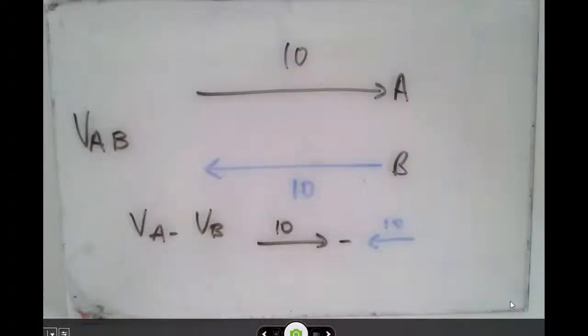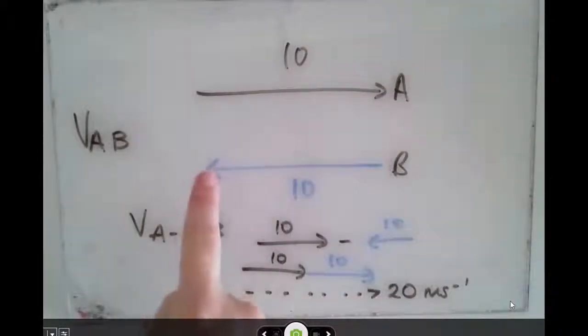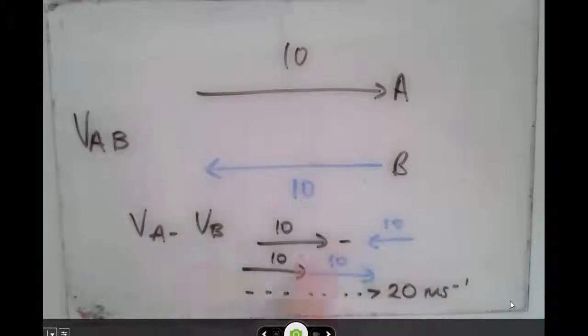And when we minus a minus it becomes a positive. So if we were going to add the nose to tail, the resultant answer is 20. So what we've done here is minus a negative vector, which two minuses becomes a positive, change the direction, and then we get double the answer.